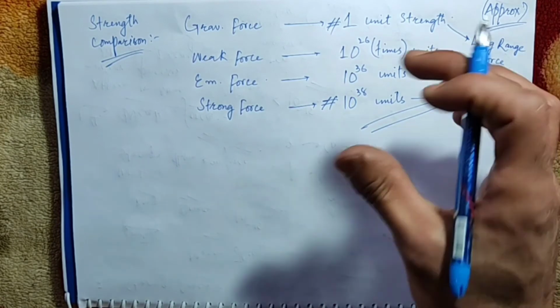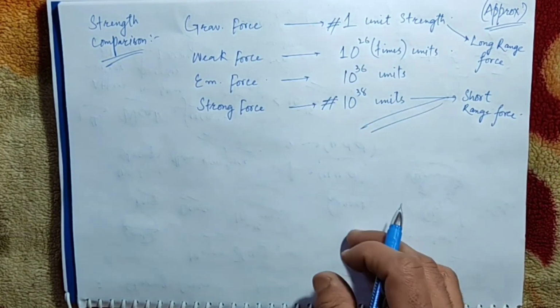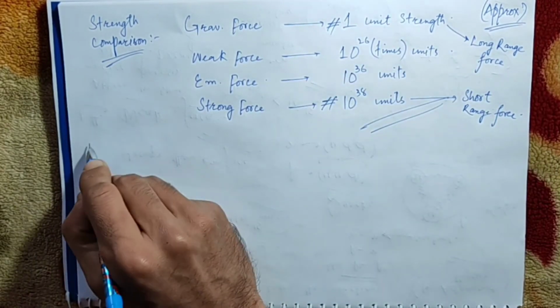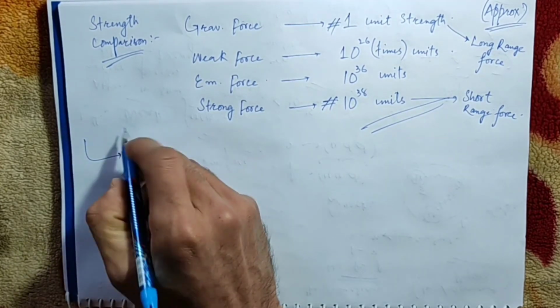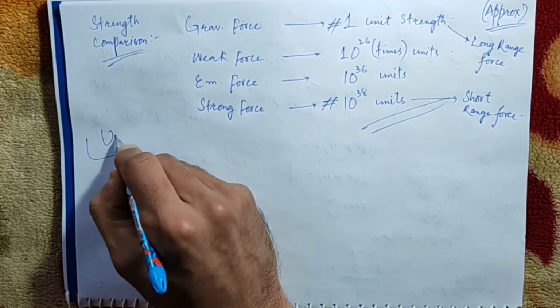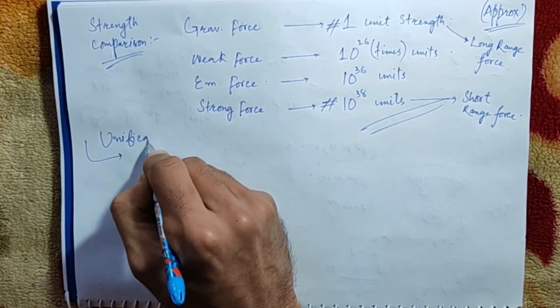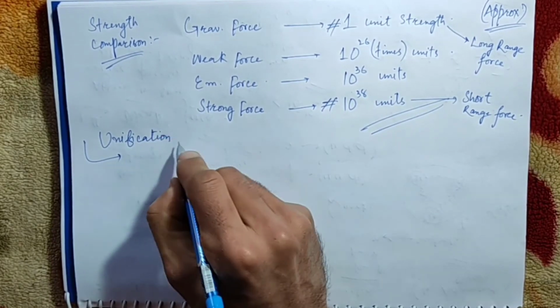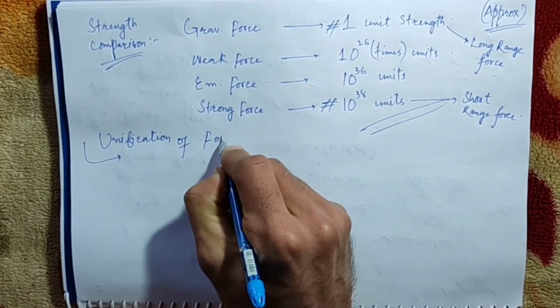Gravitational force is the weakest of all fundamental forces, but there is an attempt still going on, which we call the unification of the fundamental forces.